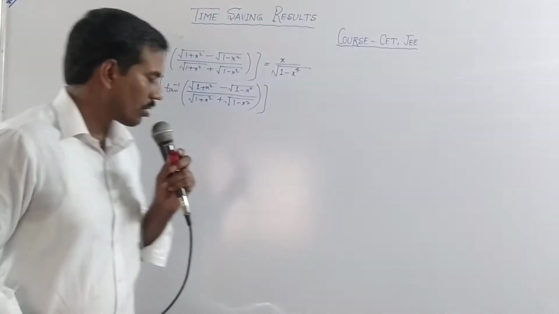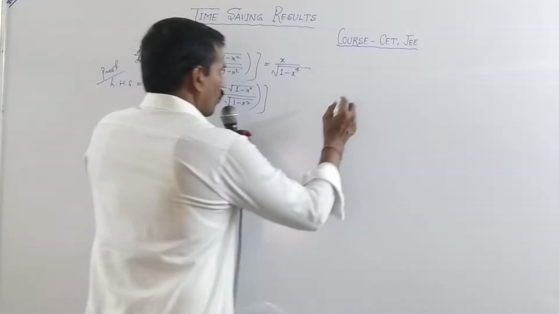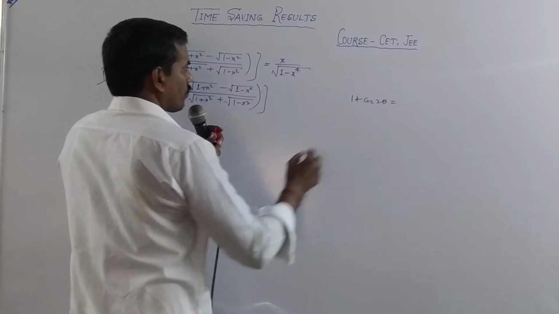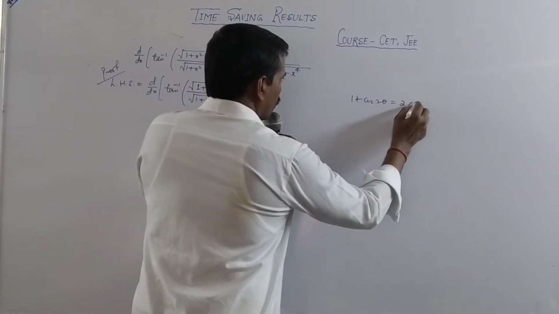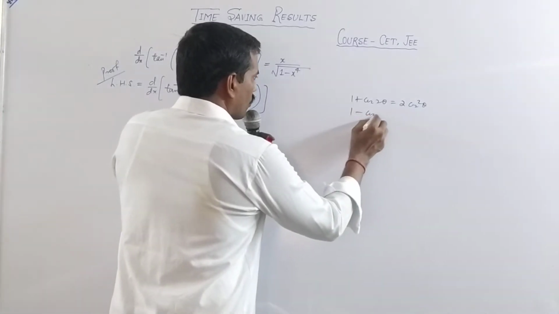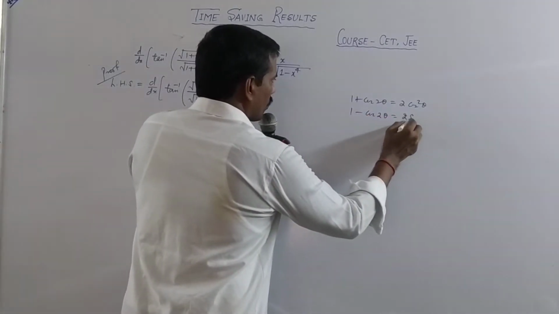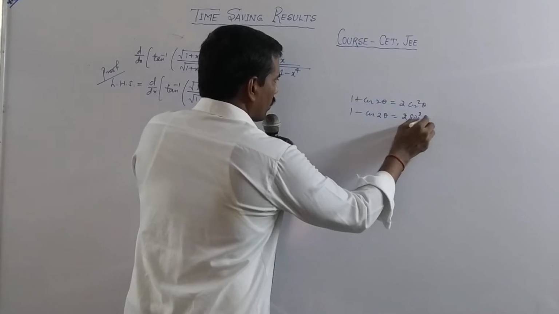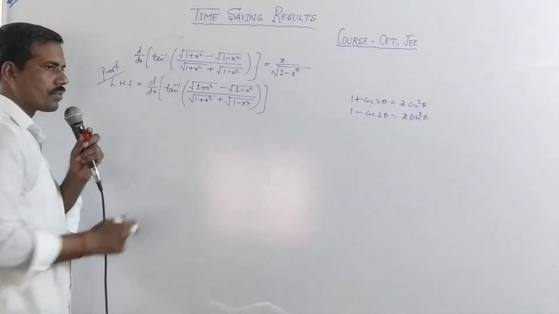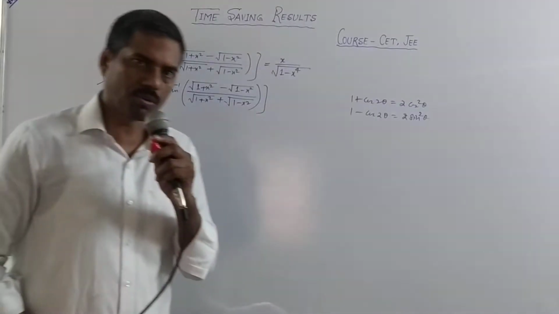Okay, we know that 1 plus cos of 2 theta is equal to 2 cos square theta, and 1 minus cos of 2 theta is equal to 2 sin square theta. We have to simplify the first term, which is in square root.